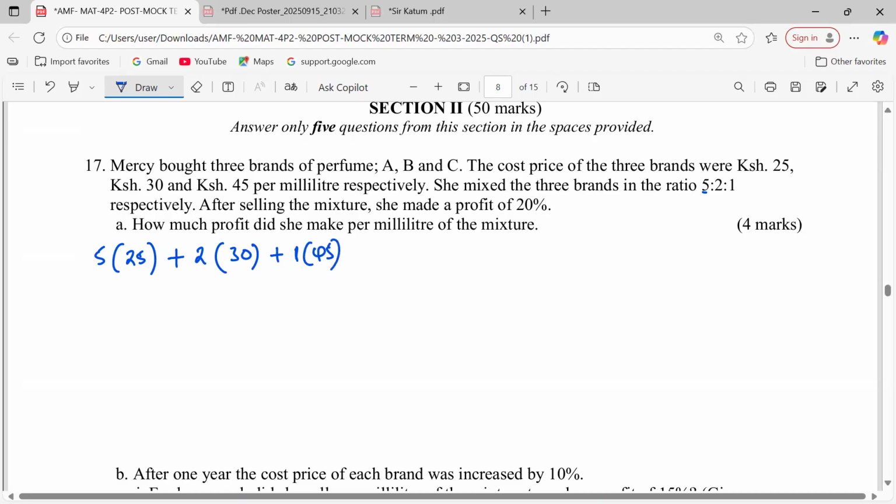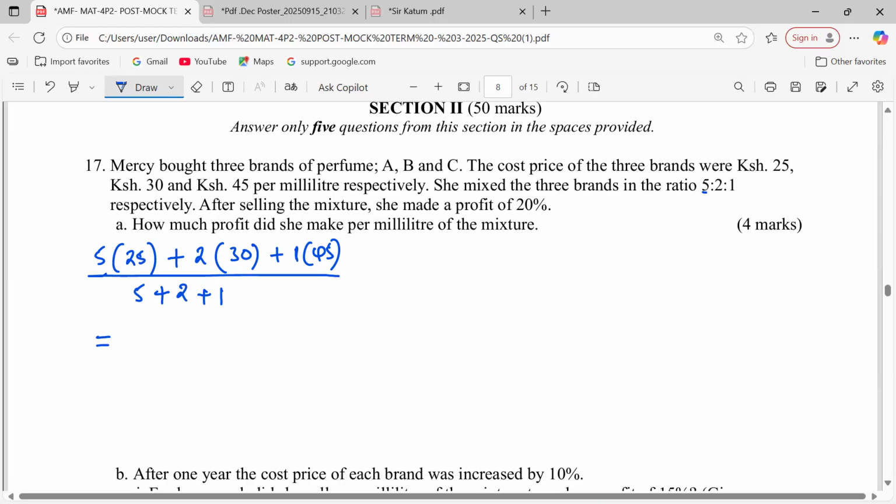That will be the total cost of the mixture. But now the mixture per millimeter shall be divided by 5, 2, and 1. So at this point now, we can compute all these.